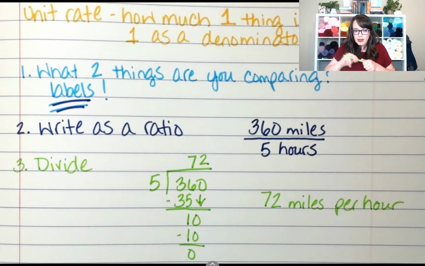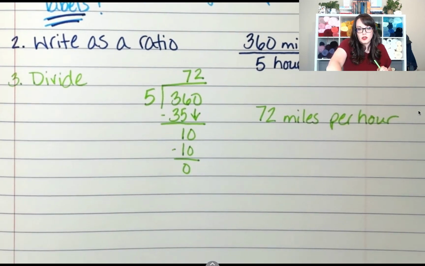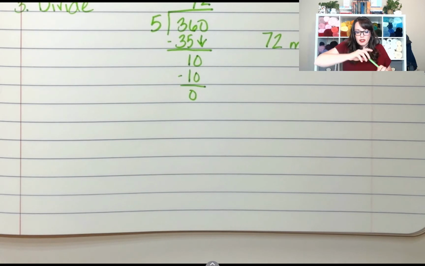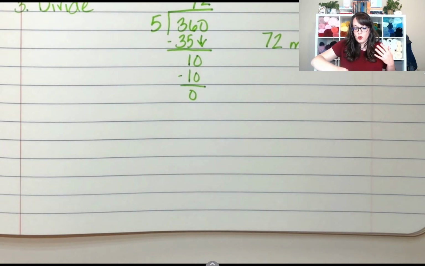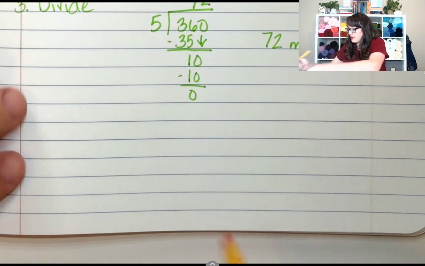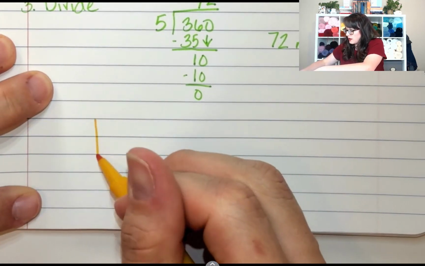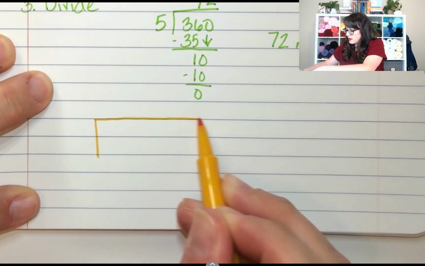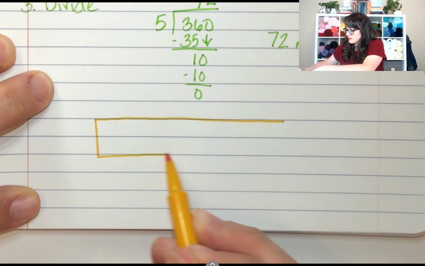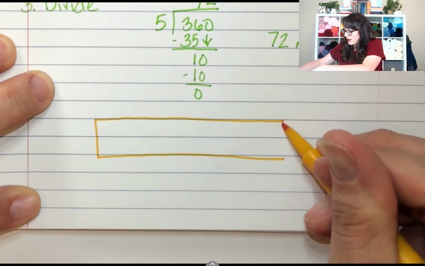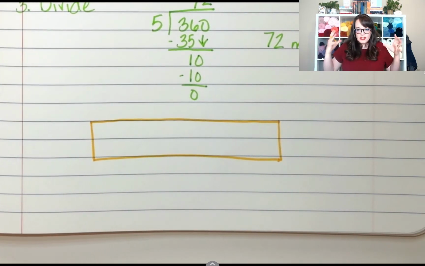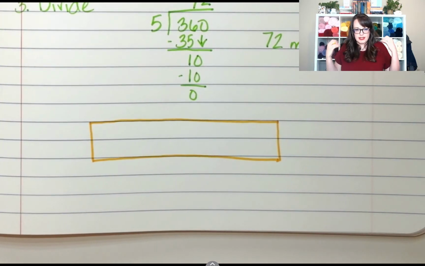Now there's another way we can look at these using ratio tables. Ratio tables are really beneficial to visualize what you're dealing with. So if I have a bar, and I know that these two things are tied together, so they're going to stay proportionate.